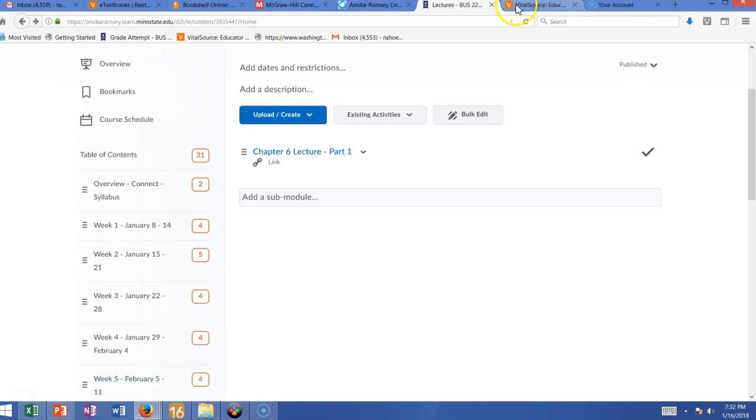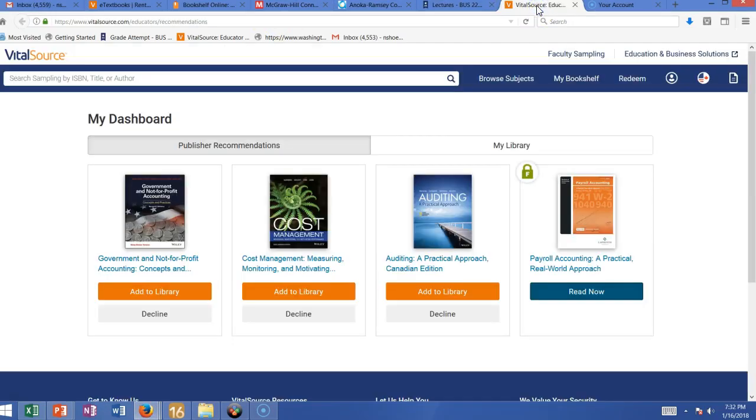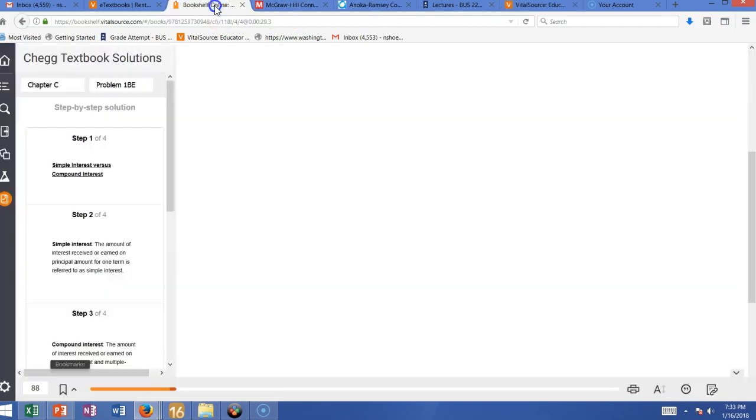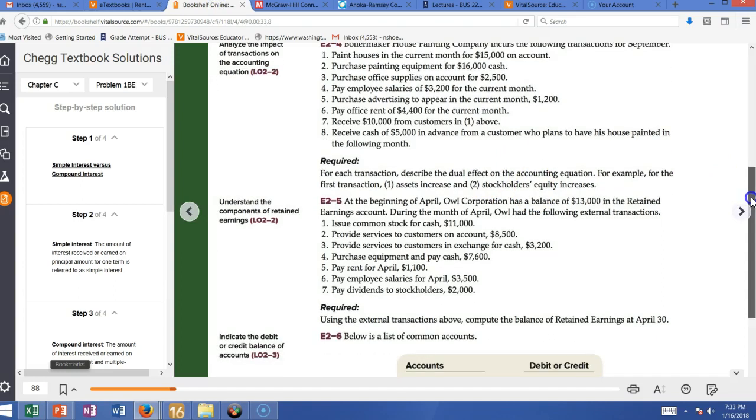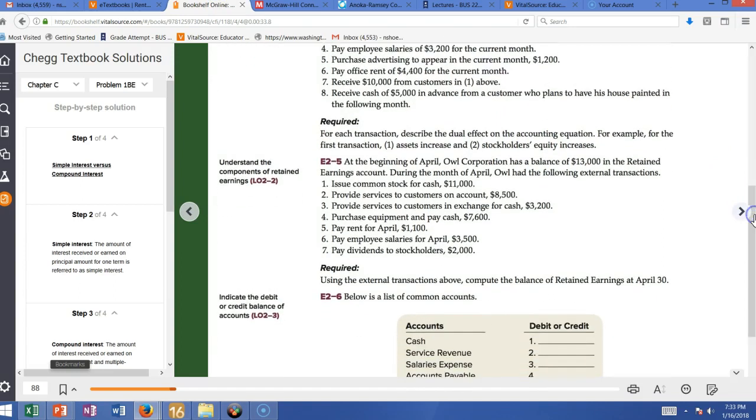We're now going to, if I can find my book, look at exercise 2-5. Exercise 2-5 is really focusing on one particular account, retained earnings.